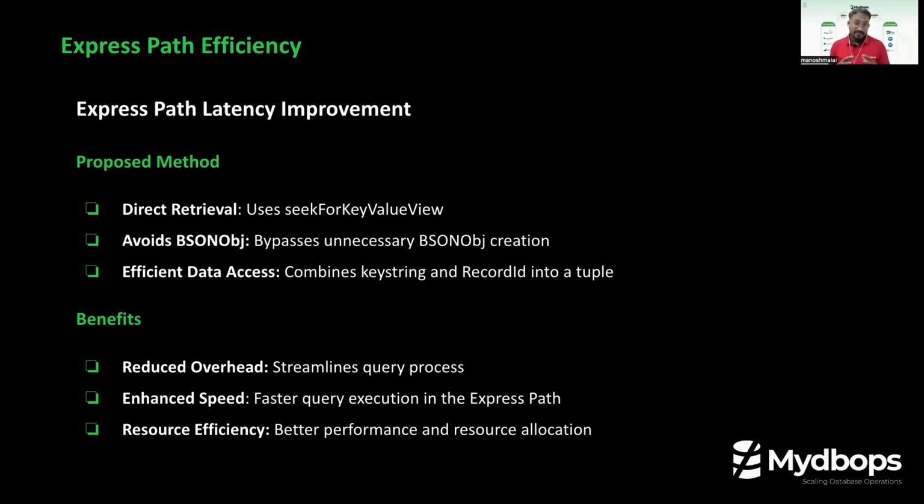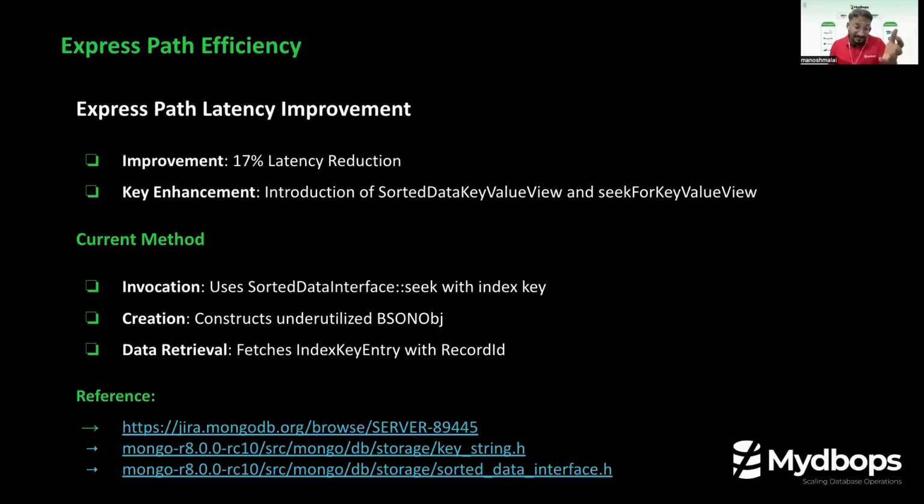So I believe this kind of improvement, which they are claiming is a 17% latency reduction, is quite high if my load is 30% on single predicates. This is also a quite interesting change we are going to see in MongoDB 8.